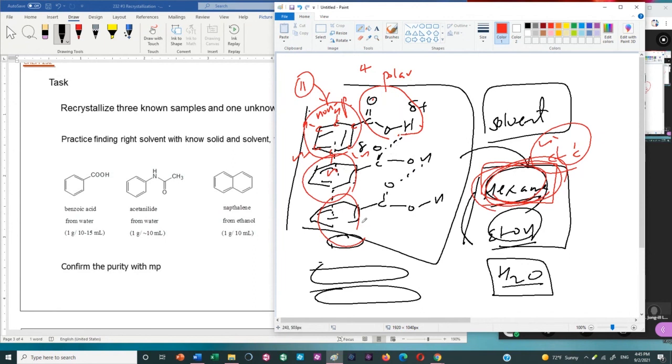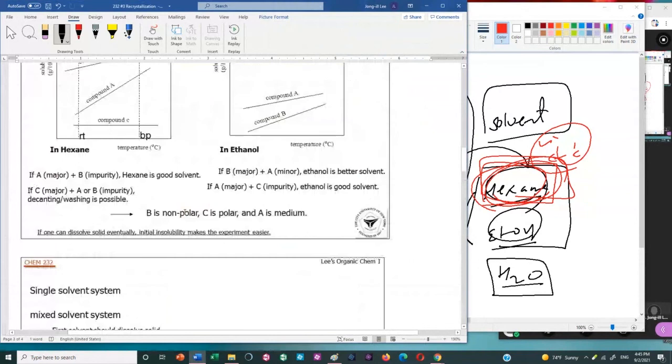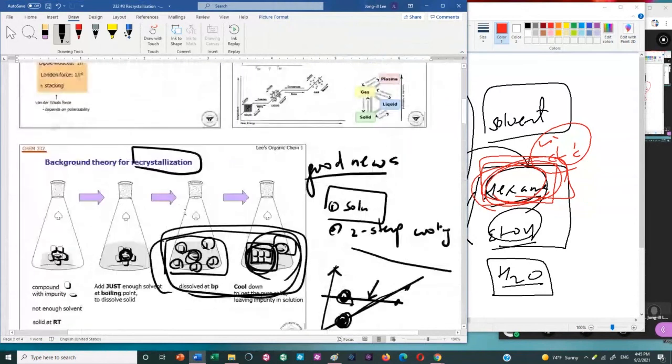The major force, like the nonpolar ring, is in the hexane, so they get dissolved. Therefore, we cannot use it to recrystallize the solid, because dissolving is not a problem with hexane for benzoic acid.